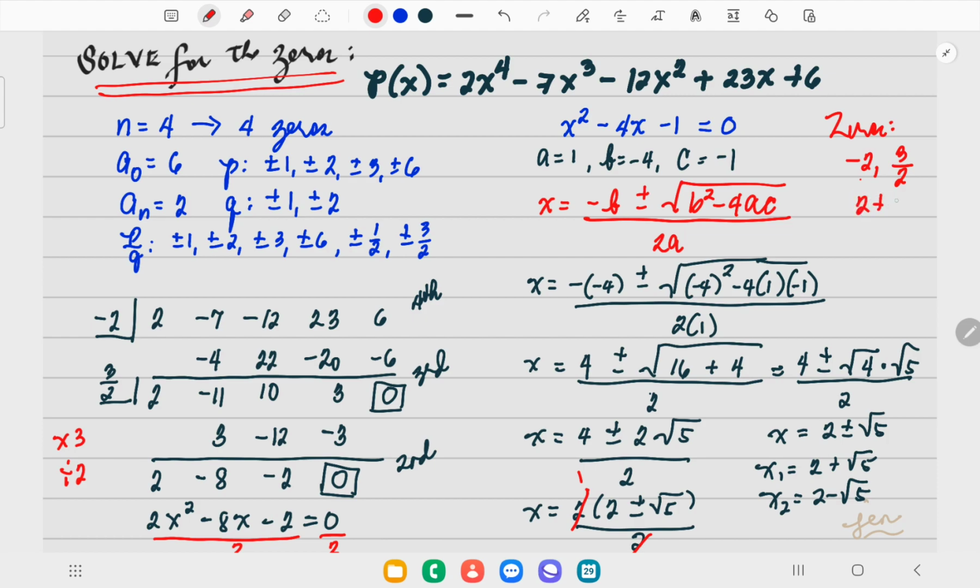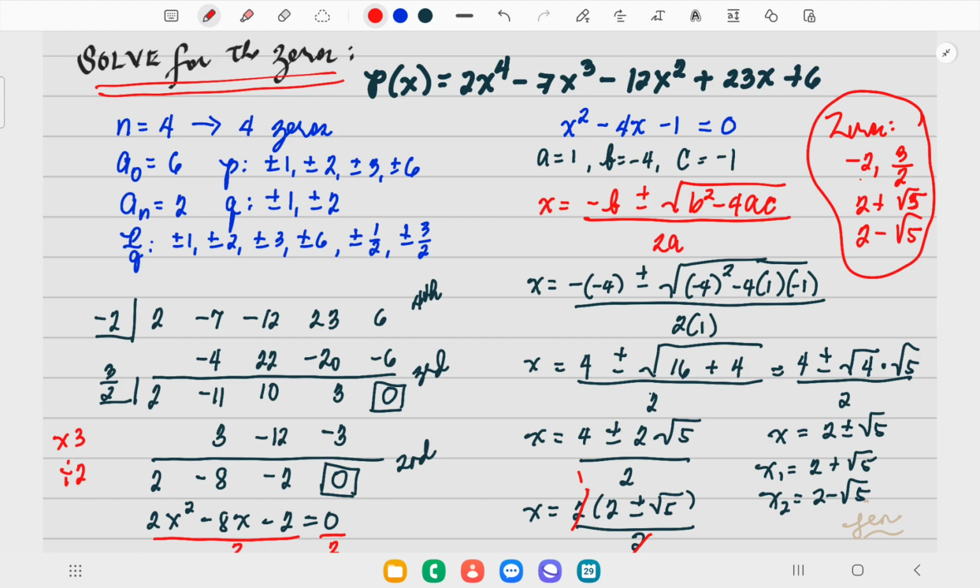You have 2 plus the square root of 5, and 2 minus the square root of 5. So 1, 2, 3, 4. There are 4 zeros wherein they are all real, no repetition. 2 are rational, 2 are irrational.